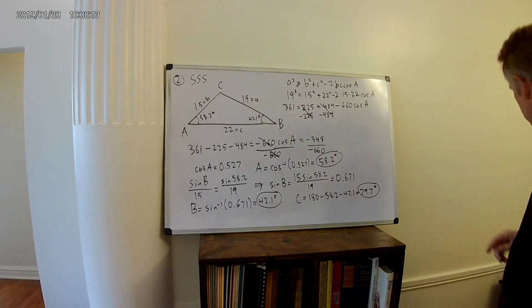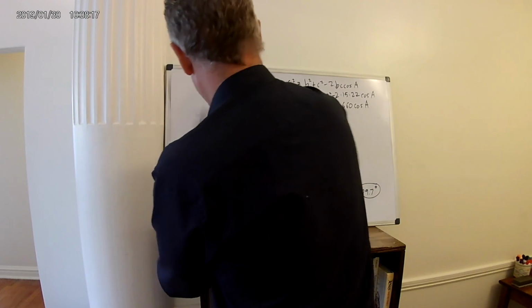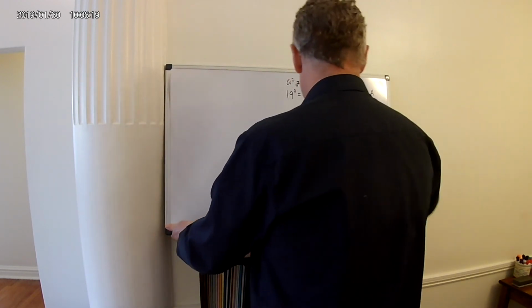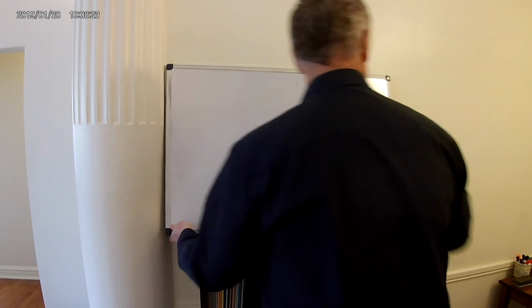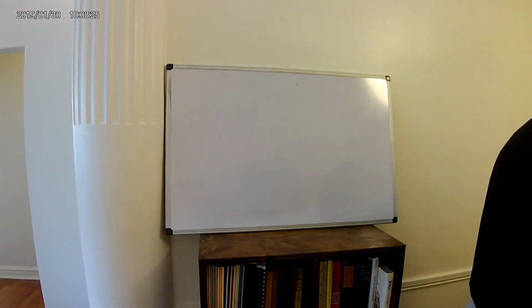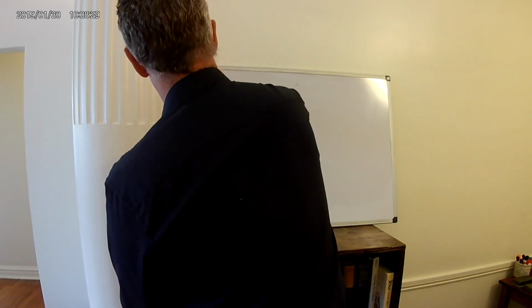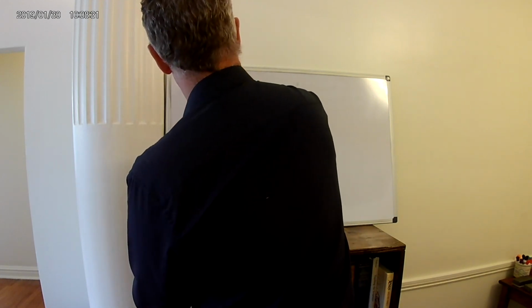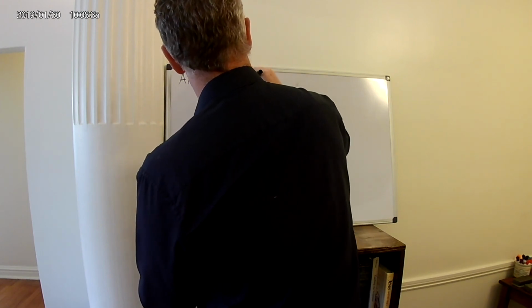We're almost done. I just want to point one more thing out to you guys. So far we've dealt with different types of triangles. If you guys are curious about this, we've dealt with an AAS triangle, an ASA triangle, and an SAA triangle.